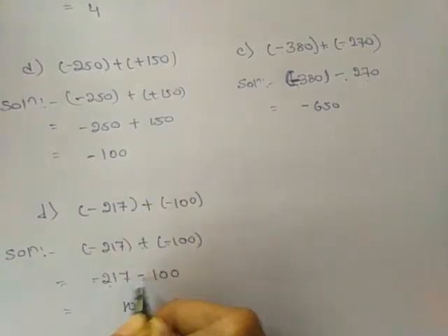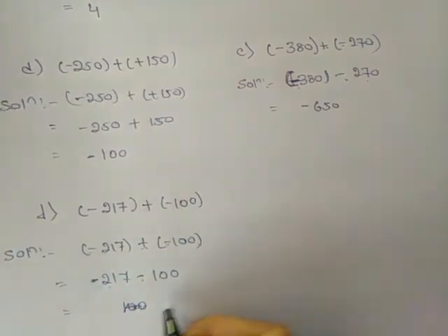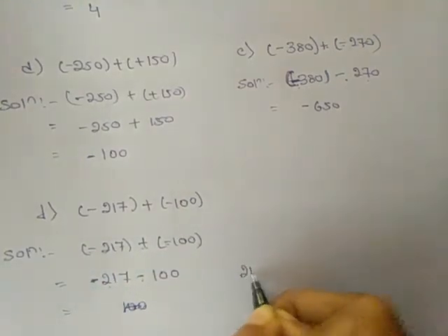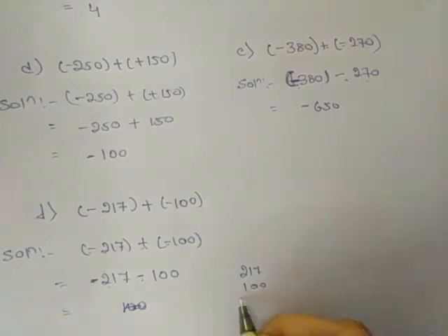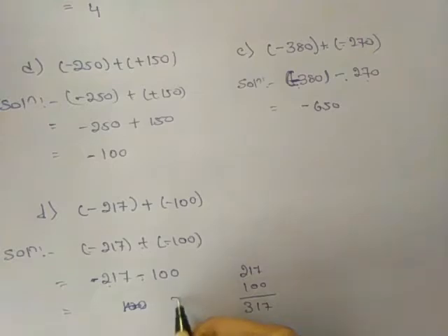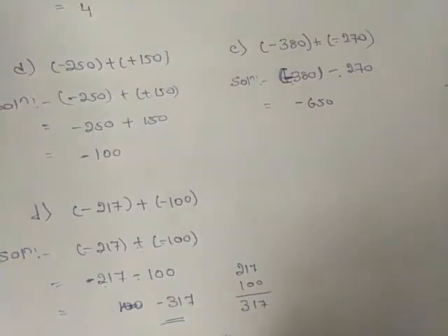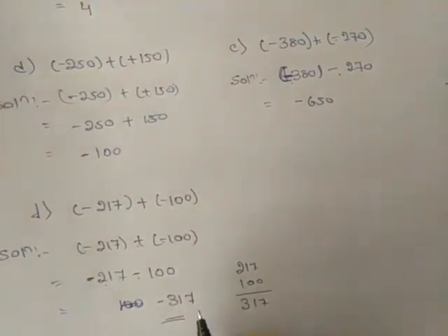We need to add these two numbers because they have the same sign, right? So 217 plus 100, we will get 317 as the answer. Bigger number sign, minus. This completes the third main. We'll move to the fourth main.